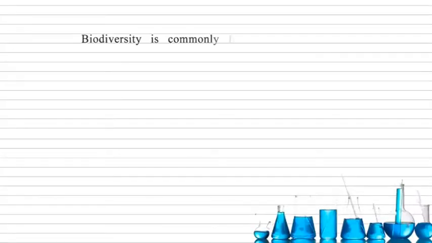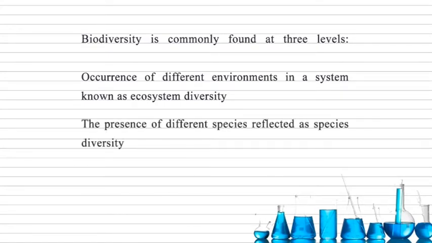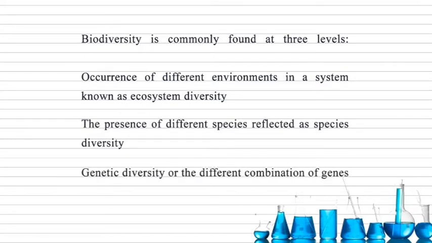On the other hand, the total variability present within all the living organisms and their ecosystems is known as the biological diversity or biodiversity. Biodiversity is commonly found at three levels, that is, occurrence of different environments in a system known as ecosystem diversity, the presence of different species reflected as species diversity, and genetic diversity or the different combination of genes within each species.